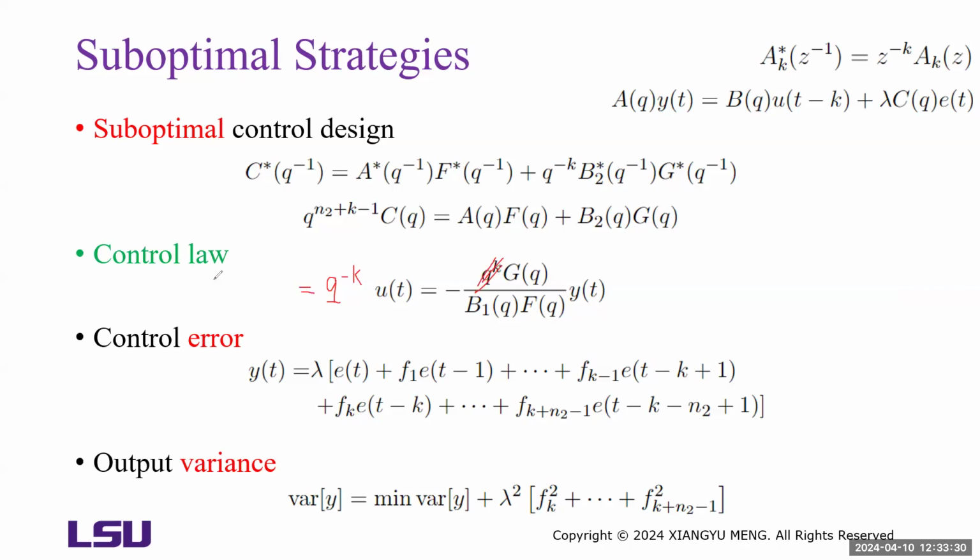Then on the left hand side we have u(t minus k), and here will be the negative G over B1 F, and here is y(t). Okay.